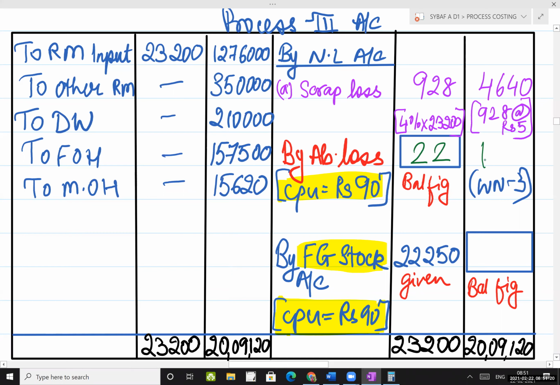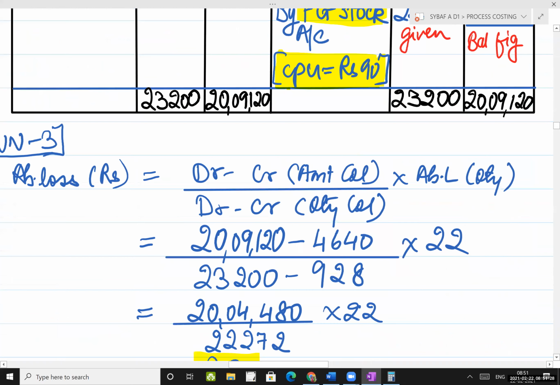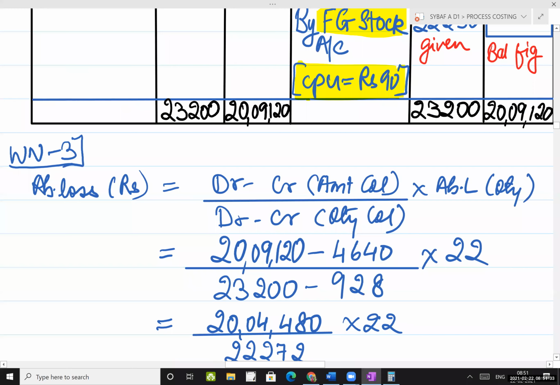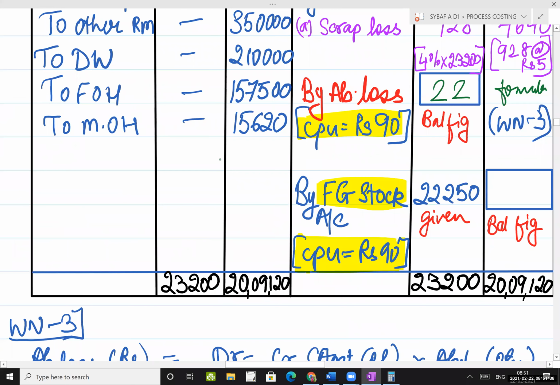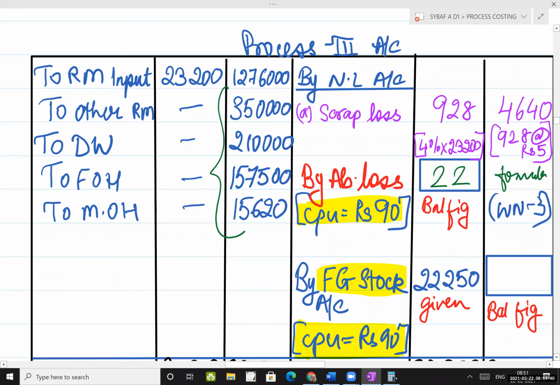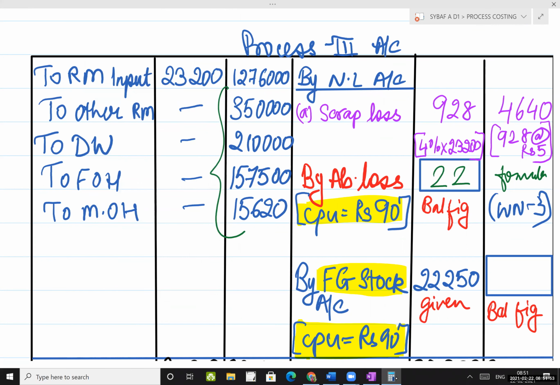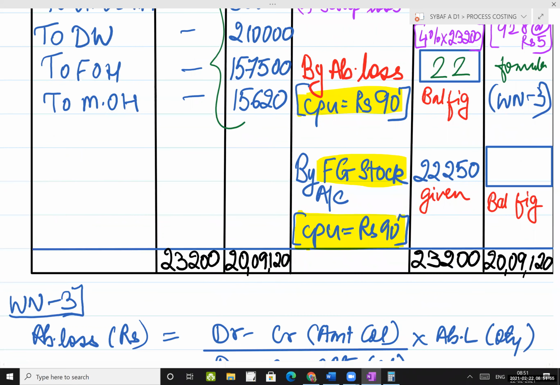We will use the formula and calculate the amount column. So apply this formula: debit minus credit of the amount column, from here to here. 12,76,000 plus 3,50,000 plus 2,10,000 plus 1,57,500 plus 15,620. How much is it? 20,09,120.